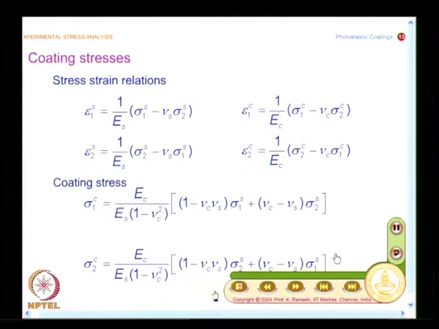When we look at brittle coating, there again the expression for coating stress remains the same. There we find the individual stress components by analyzing isoentatics, but as far as photoelastic coatings are concerned, though we develop individually the expressions for sigma 1 c and sigma 2 c, essentially you get only the difference in principal stresses or principal strains.